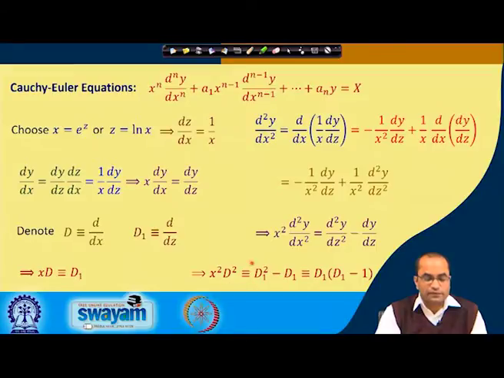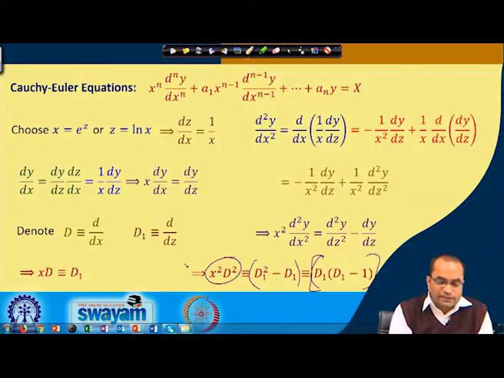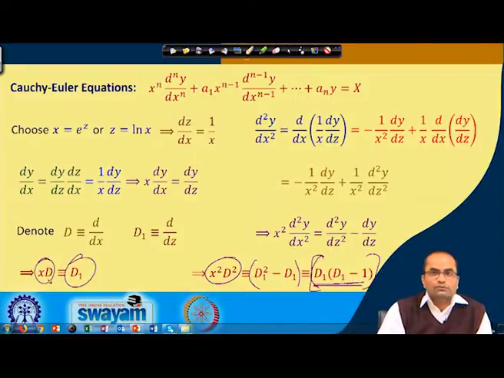So, x square d square is equal to d1 square from here and d1 from here, which we can write as d1 into d1 minus 1. So, when we have x square d square, it is converted to d1 into d1 minus 1. When we have x d, this is converted to simply d1.